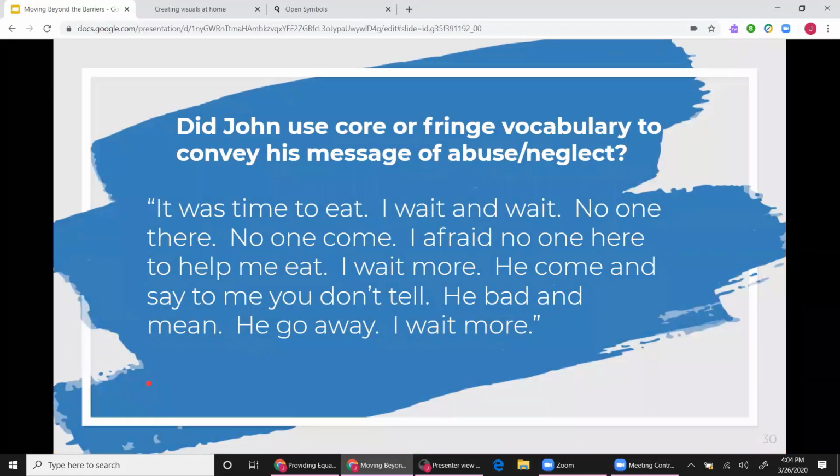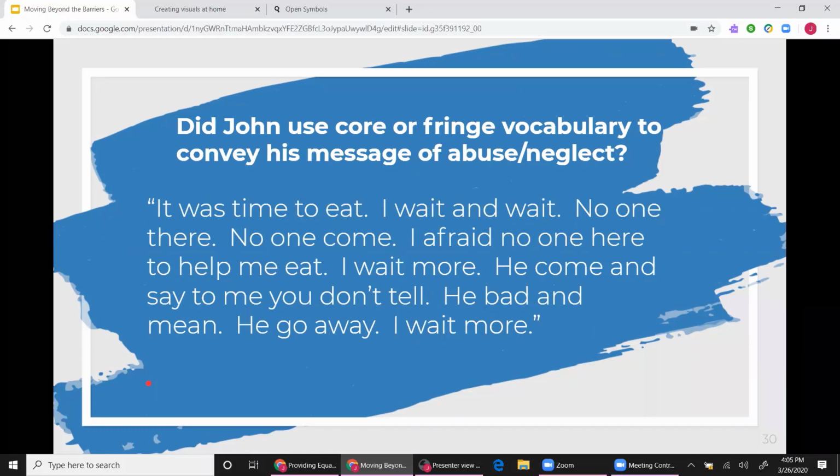If we think back to the video of John that we saw, and we look at that transcript of the words that he used, he said, "It was time to eat. I wait and wait. No one there. No one come. I afraid. No one come here to help me eat. I wait more. Here he come and say to me, you don't tell.